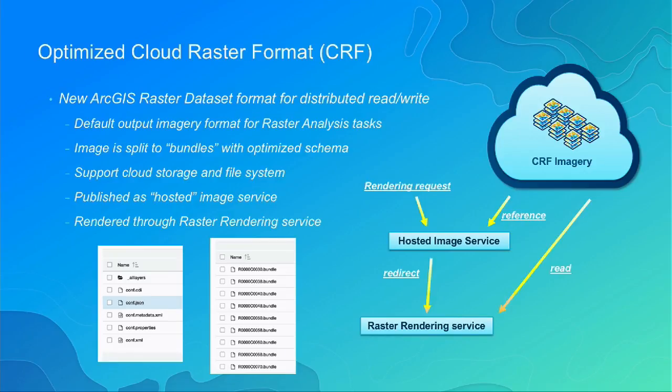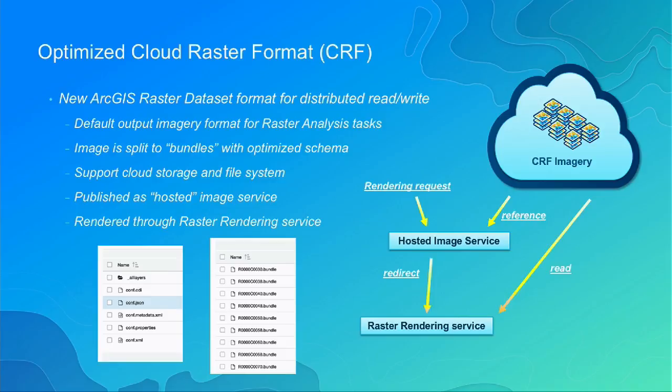All the CRF imagery written out by the distributed raster analysis will be published as a hosted image service on your image server. The special thing about this hosted image service is that when you publish a traditional dynamic image service, each image service has a dedicated server instance, ArcSOC, assigned to it.